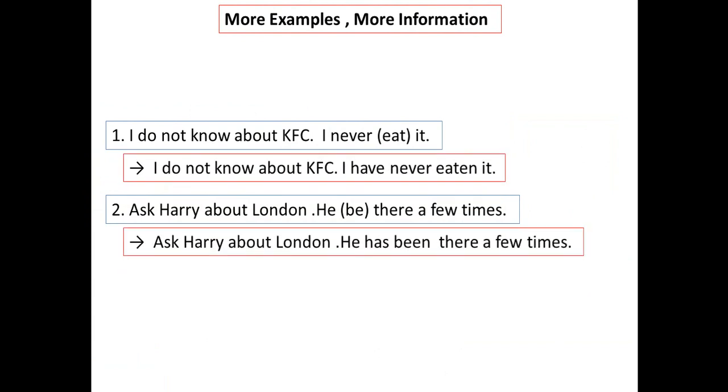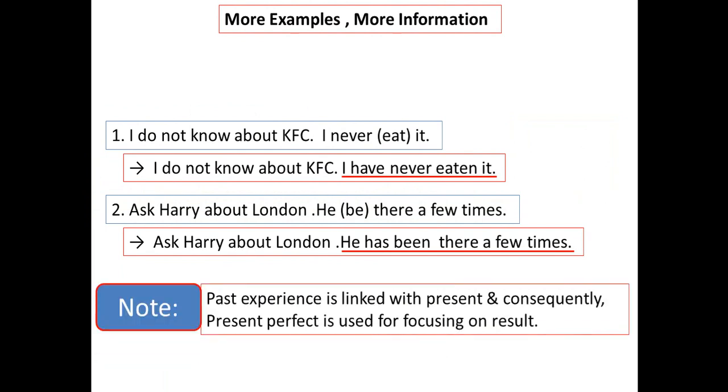These are their restatements, and if you look at them, you'll find they are written in present perfect because past experience is linked with present, and consequently present perfect is used for focusing on result. The question is how past experience is linked here.